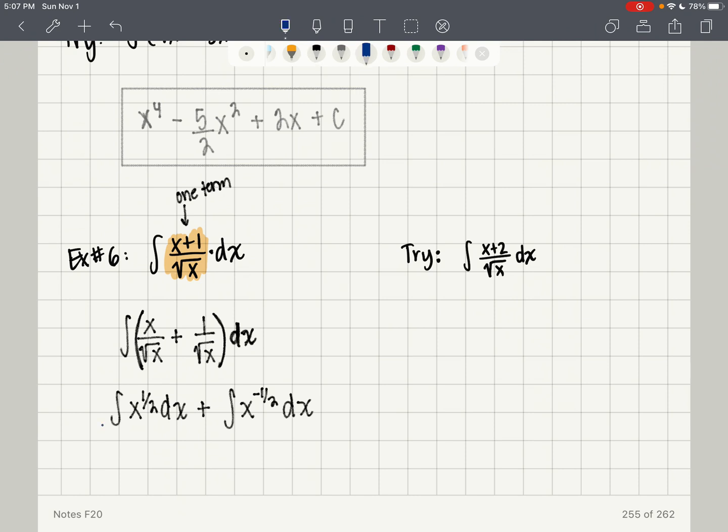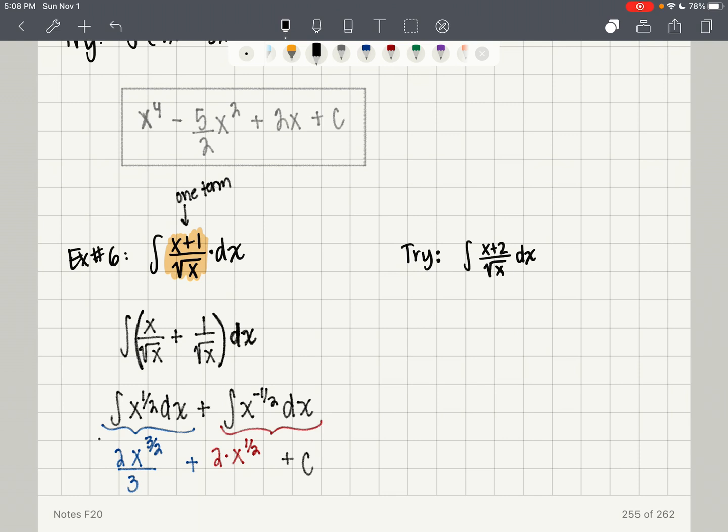And now the indefinite integral of x to the 1/2 dx is going to be x to the 3/2, and then dividing by 3/2 is the same as multiplying by 2/3, plus, we'll add 1, x to the 1/2, and dividing by 1/2 is the same thing as multiplying by 2, and then we add c.